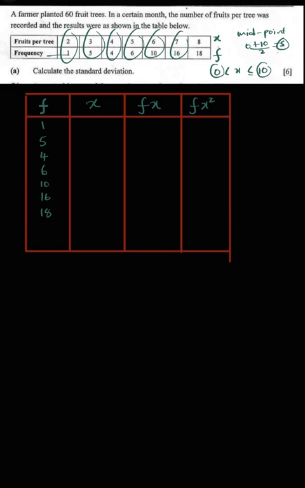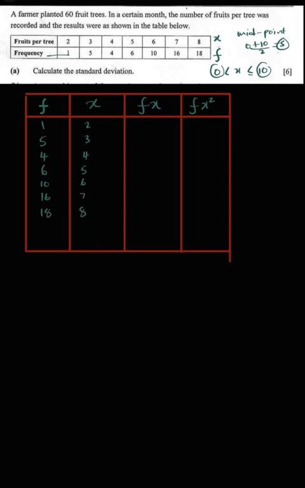So we have 2, 3, 4. I made a mistake here. So 2, 3, then 4, then 5, 6, 7, and 8.